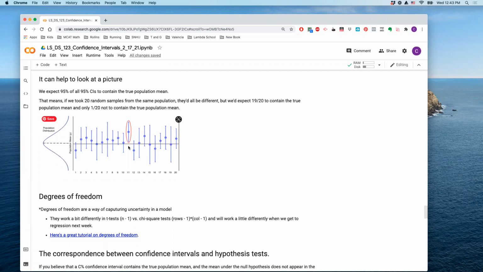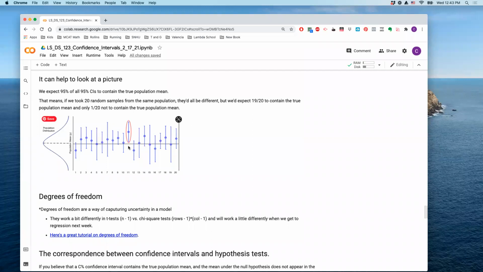So we like that chance, right? We're going to take a chance. We're going to go out, collect a sample, make a confidence interval, and take a chance that it's going to capture the true population mean. But we expect that 95% of the time we're going to capture it. It's sort of like if somebody said you can play the lottery and you've got a 95% chance of winning.